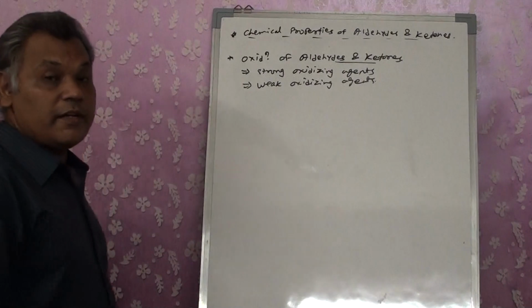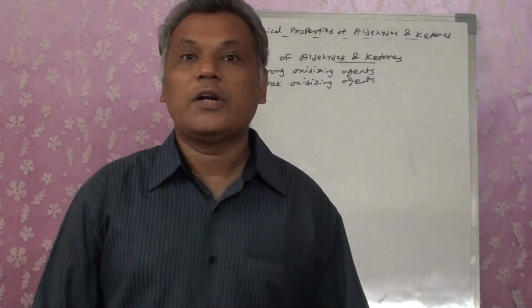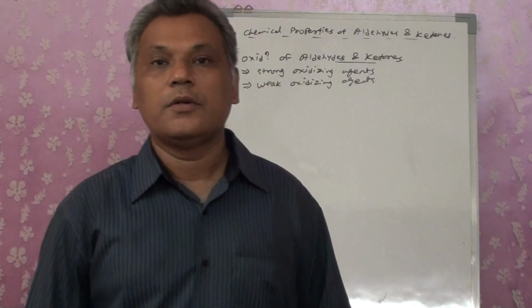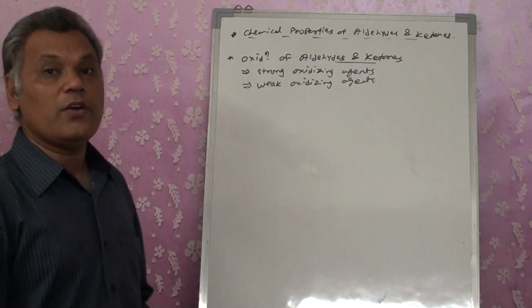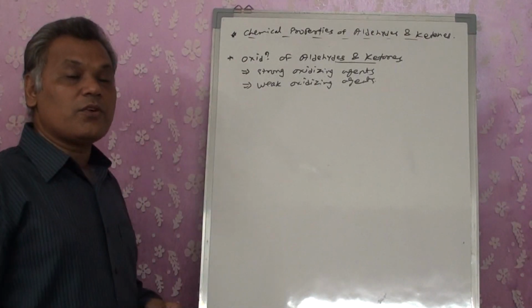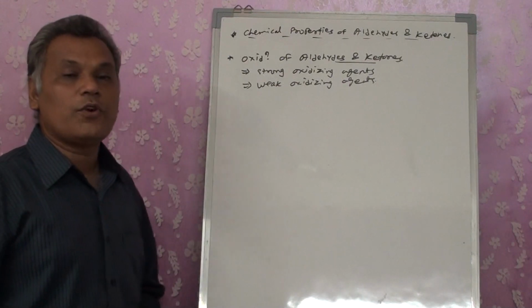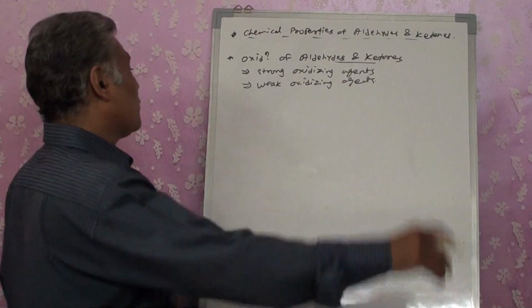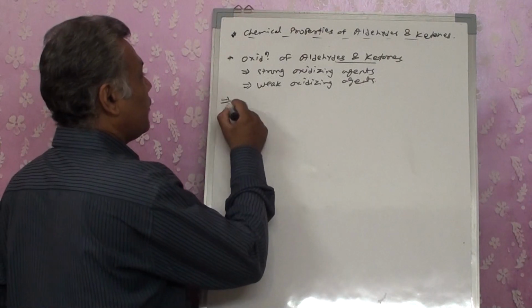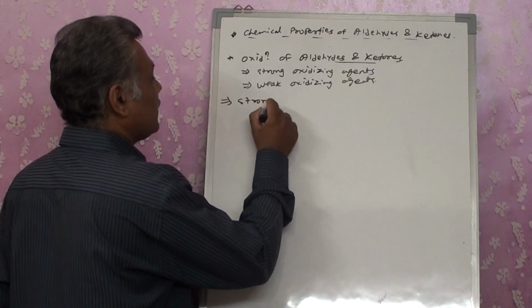When we are using a strong oxidizing agent, both aldehydes and ketones go for oxidation. But when we are using weak oxidizing agents, a specific oxidizing agent will take either aldehydes or ketones for the reactions. Right? So first of all, we will study the strong oxidizing agent.